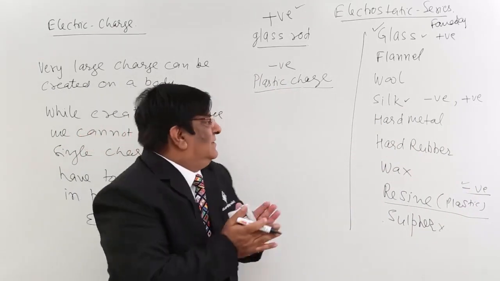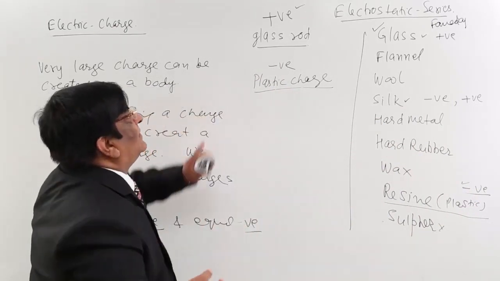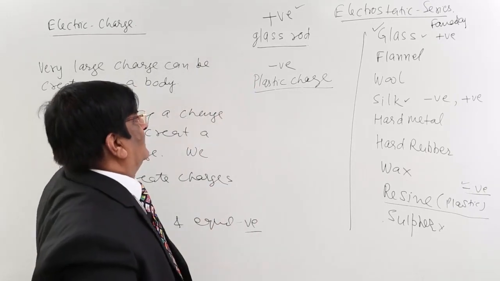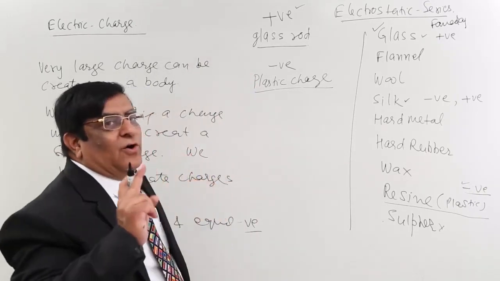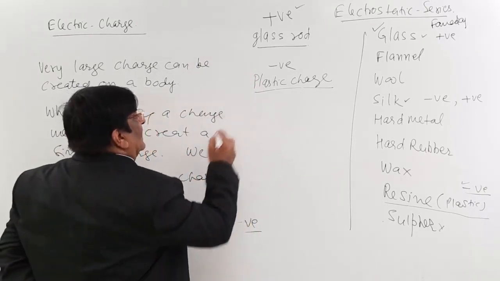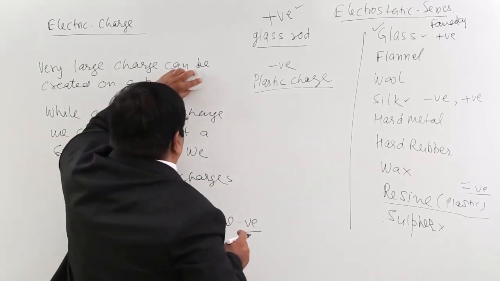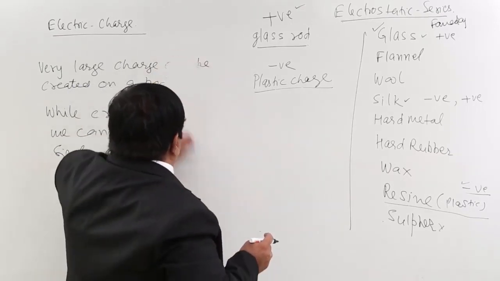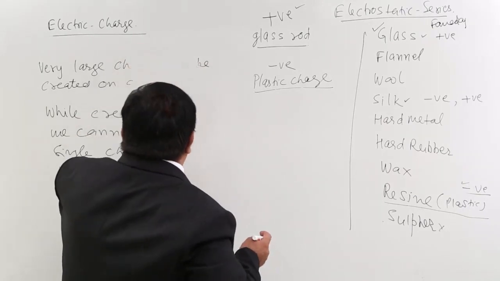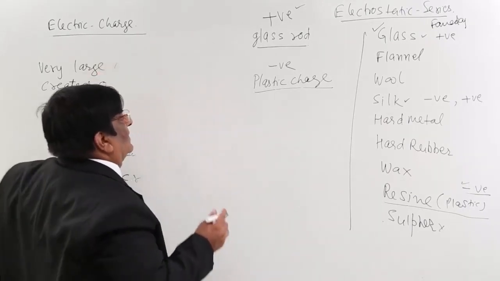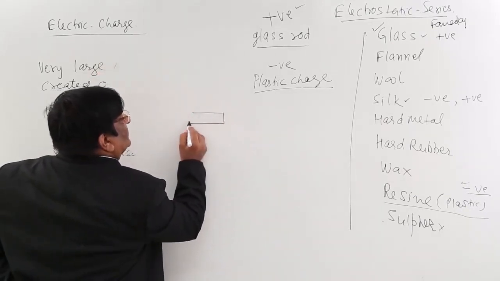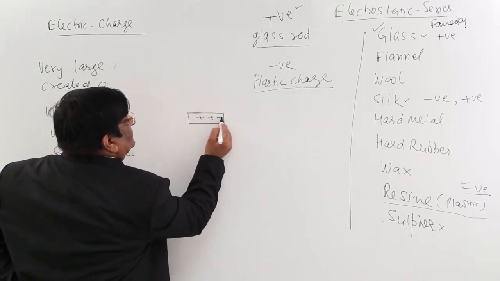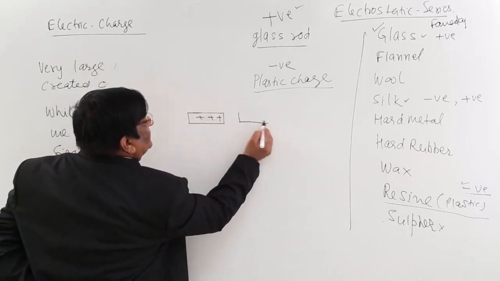So these are the two representatives of different charges. Now another thing I wanted to discuss: once we know positive and negative, we come to a term, electrification. What is meant by electrification? Giving charge to a body is electrification. We have given positive charge to this body and negative charge to this body.